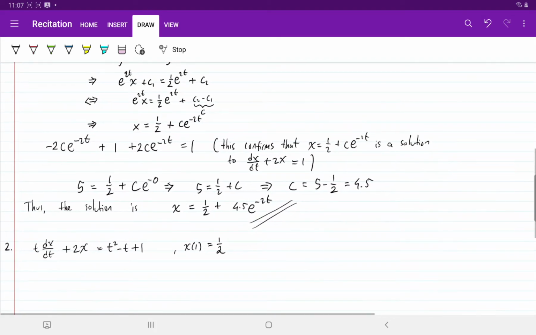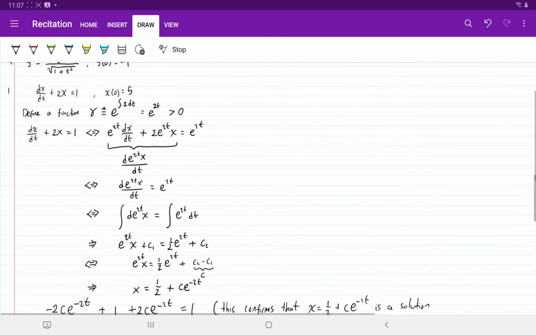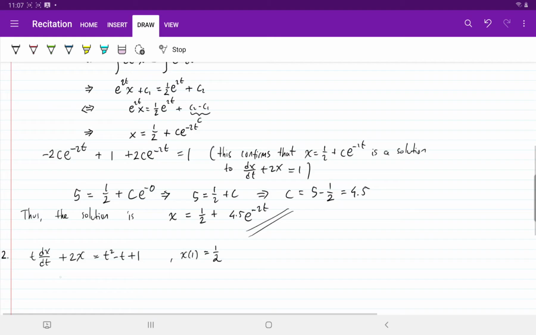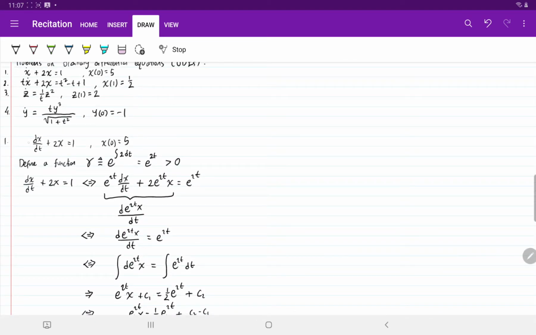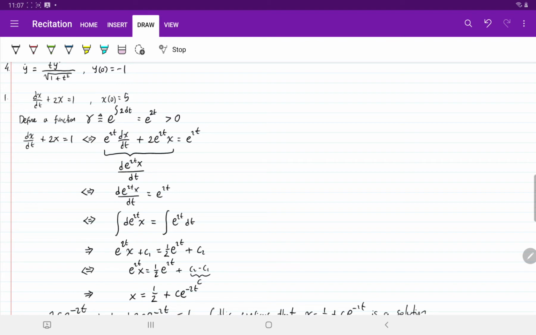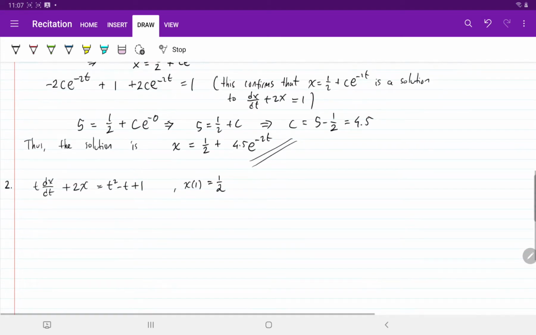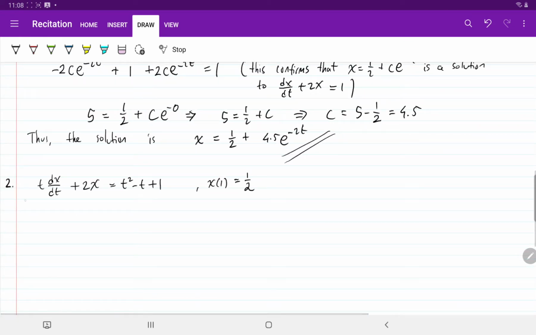So we can use similar steps as we did on the first problem. Let's transform this problem into a similar form. On the first problem we do not have anything on the term of dx/dt, right? So let's move this t to the other side, assuming that t is not 0.